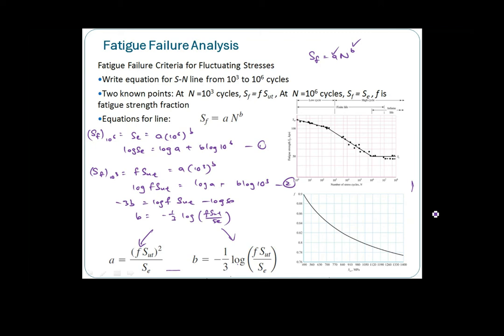So if I have my A and B, basically we have our own SN curve. And if I know my stress related to the fatigue, which is my completely reverse stress, then I can find my N and determine whether fatigue is likely to happen.